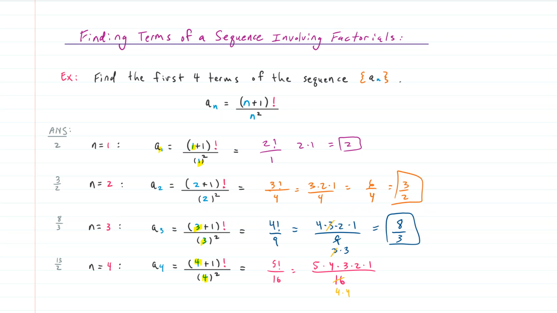The 4 in the 5 factorial can cancel with one of the 4's in 16. And then the 2 in 5 factorial can cancel with one of the 2's in the 4 and leave us just with 2. So we're left with just 2 in the bottom, and we have 5 and 3 in the top, which give us 15 over 2.